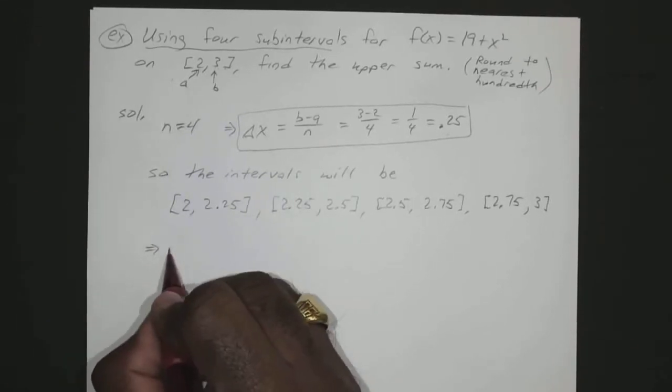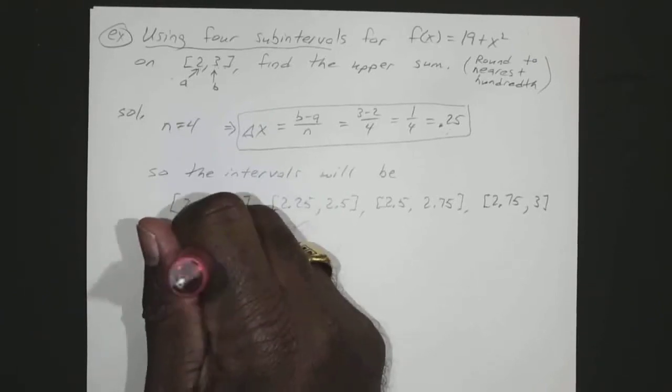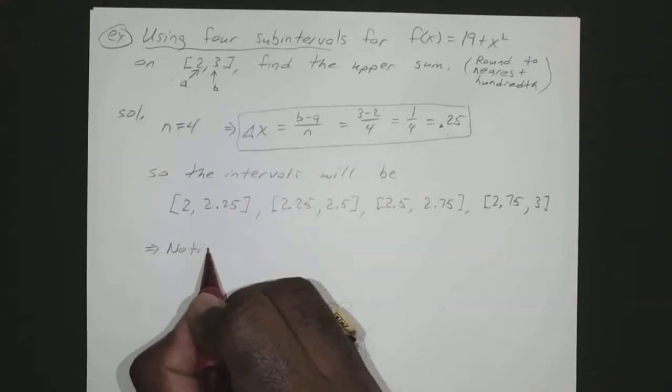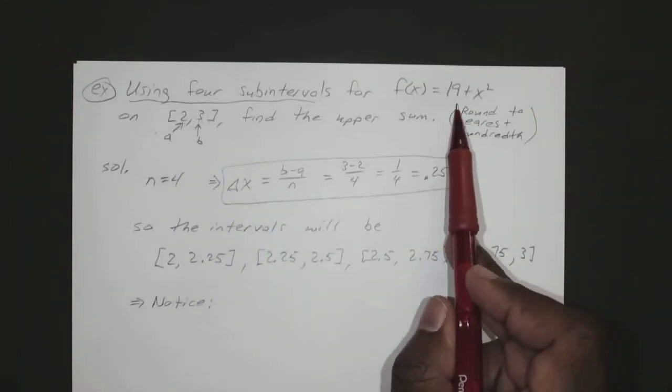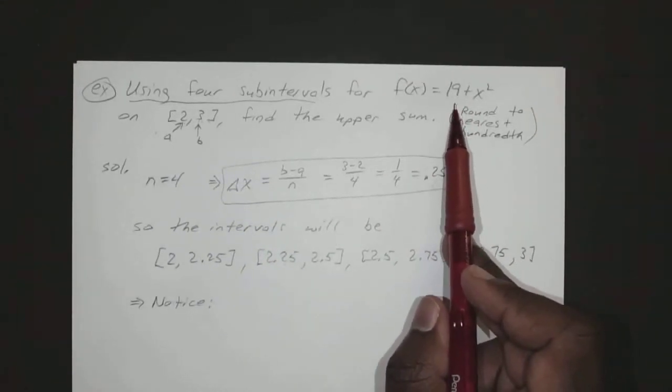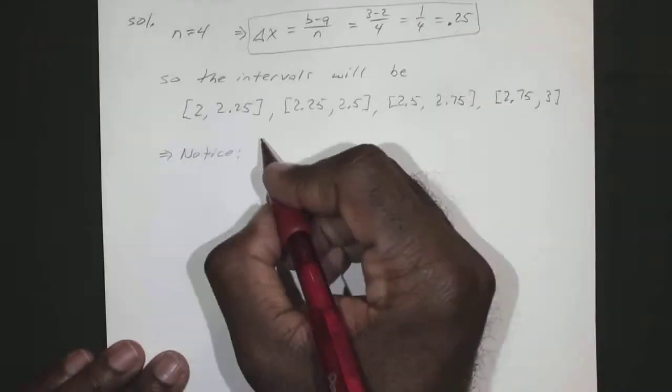Now the one thing you want to notice is that the function increases between 2 and 3. You have 19 plus 2 squared and 19 plus 3 squared. It increases.